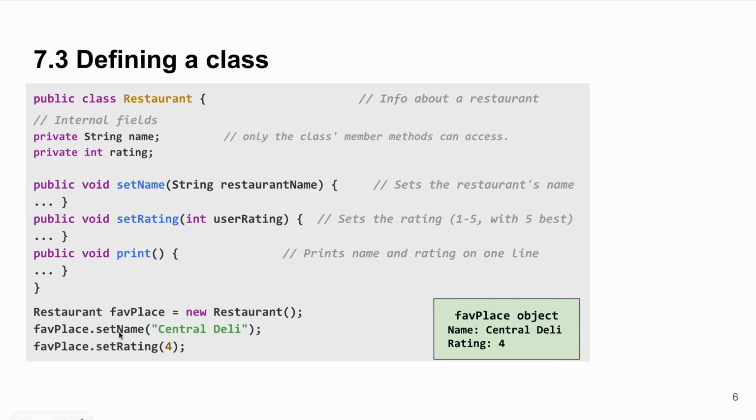In the next one we're trying to set the name of this restaurant as Central Delhi. The text within the quotation marks means we are giving it as a string input, and the favoritePlace rating is being set to 4, an integer. We are trying to set the rating of this favorite restaurant as 4.